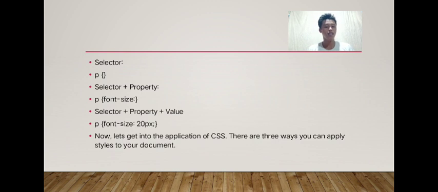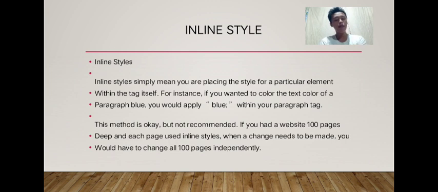There are three ways you can apply styles to your documents: inline styles, internal styles, and external styles. Inline styles simply means you are placing the styles for a particular element within the tag itself.